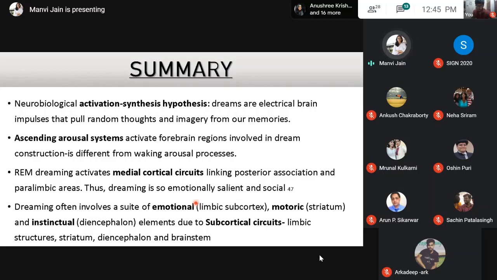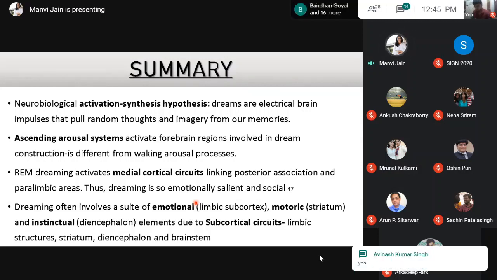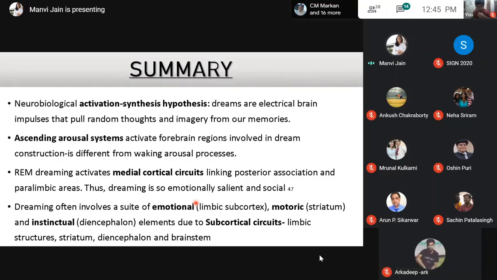Now, the medial cortical circuits are also involved, linking posterior association and paralimbic areas. That is why the dreams are so emotional, and I explained this point with the limbic structures. And finally, dreaming often involves a suite of emotional, motoric, instinctual, and subcortical circuits. So this is where I end.